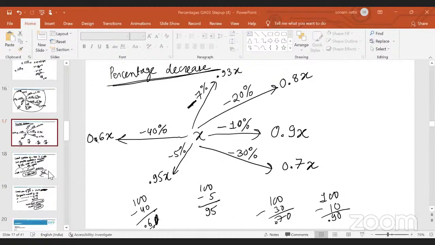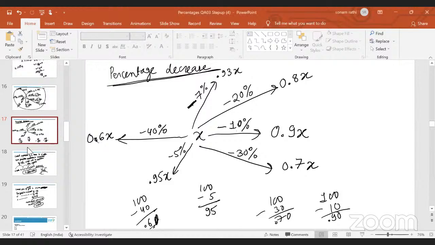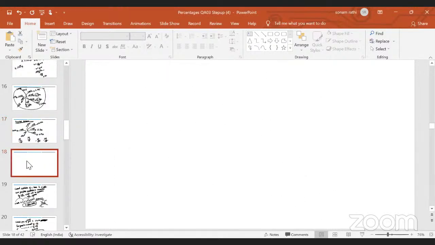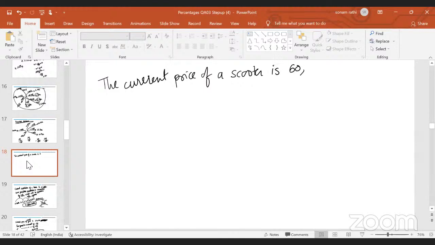Okay. Let's see an example for it. The current price of a scooter is, let's say, 60,000.